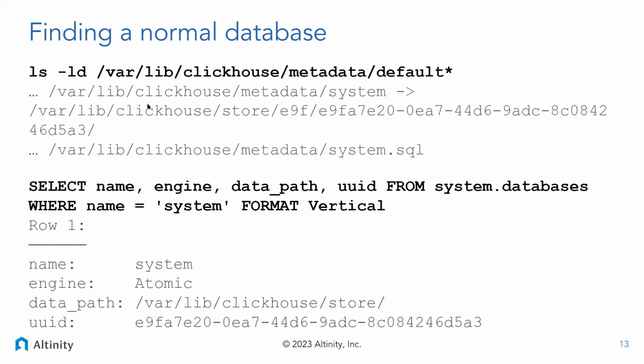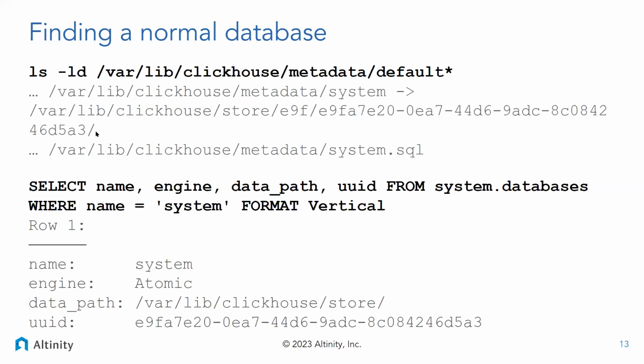So if we go look at an atomic database, and this should say not default but system star, what we will see is that this metadata at system actually contains a soft link, and then it points to this sort of horrible looking location under /var/lib/clickhouse/store.